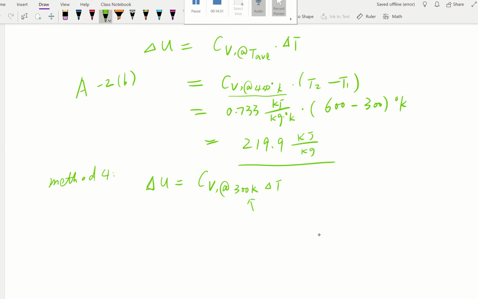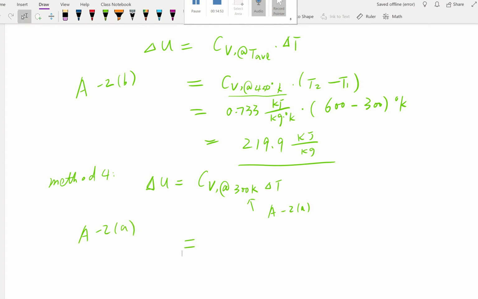The table is going to be table A2A. This will be more appropriate when you have a temperature that is close to 300 Kelvin. If it's not, this estimate might be a little off. So if that's the situation, we're going to use table A2A to solve. Now let's go back to this problem.